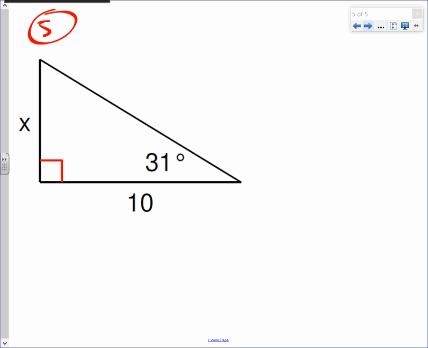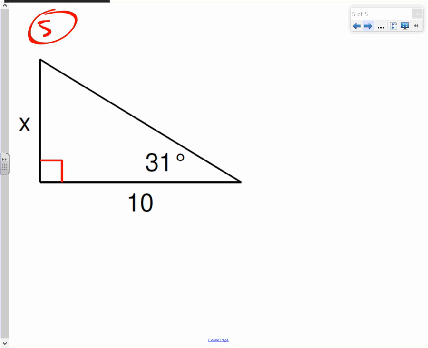You know what? Let's review. Okay, watch this. 6 tangent, let's say 40.